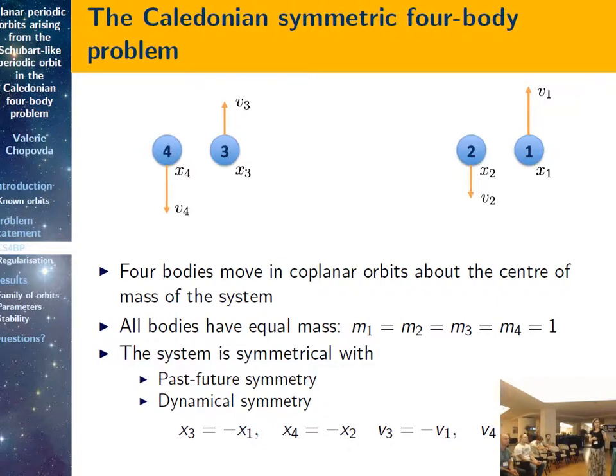This system has 2 kinds of symmetry. First is a past-future symmetry, which essentially means that integrating forwards is a mirror image of integrating backwards. The dynamical symmetry is that the dynamical behavior of 2 bodies on one side of the system's center of mass is a mirror image of the other 2 on the other side.